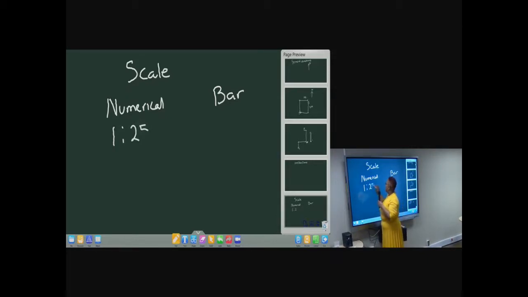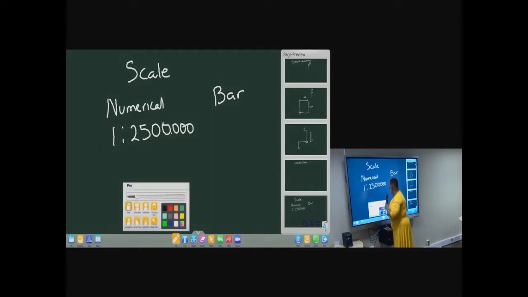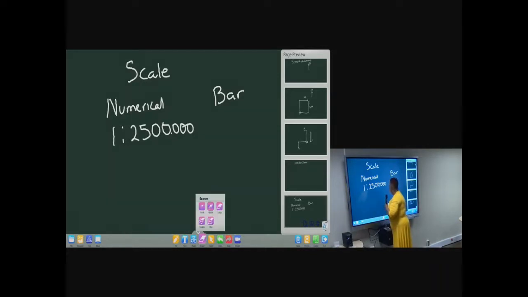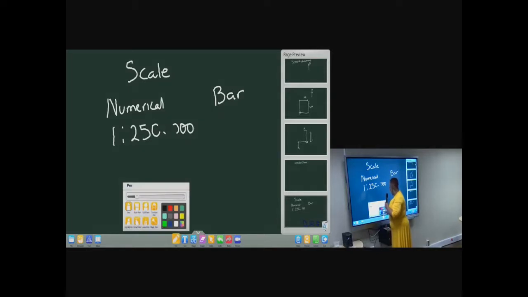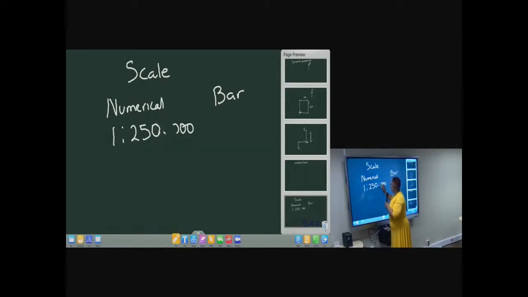When you have a scale of 1 is to 2.5 million, that is your numerical scale, a number scale, or a ratio scale. That's how we refer to it. It's either numerical, or you can say it's a ratio scale.